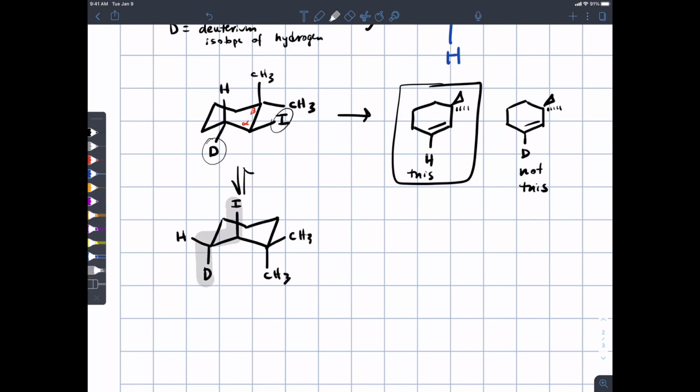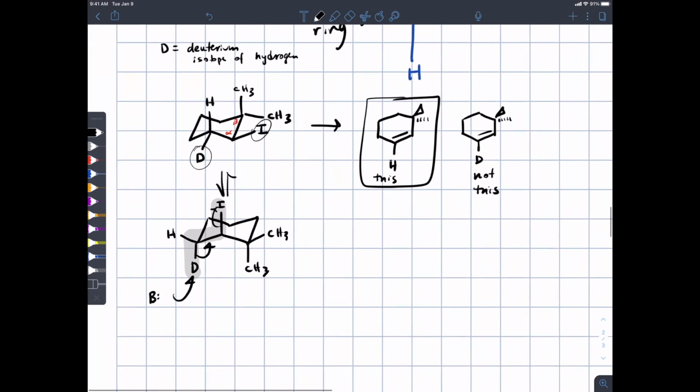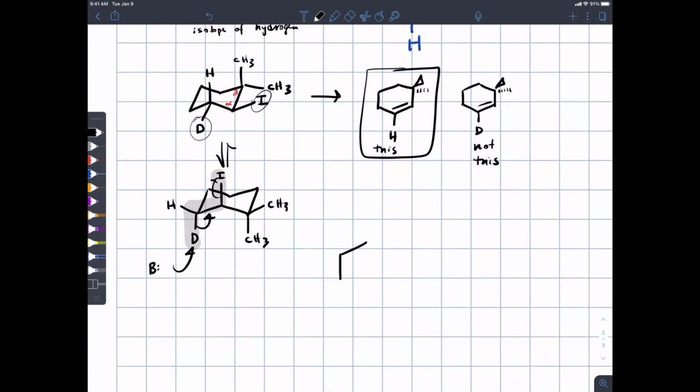Then you've got the anti-relationship that should allow a base to come and remove the deuterium. Alternatively, you can sidestep that whole consideration of two chairs by simply drawing the molecule from above.